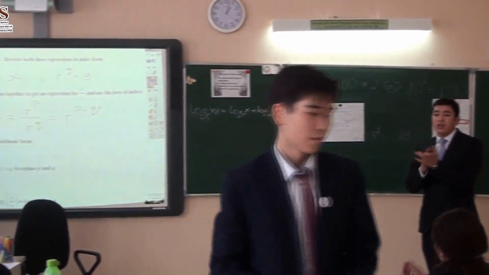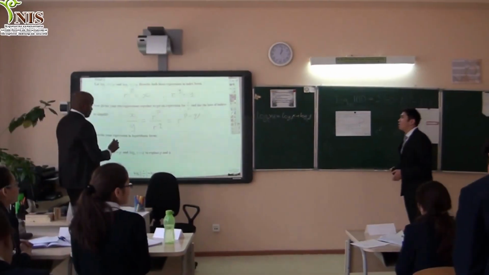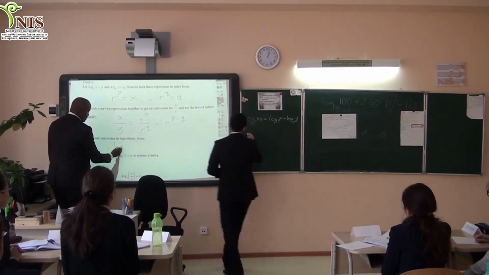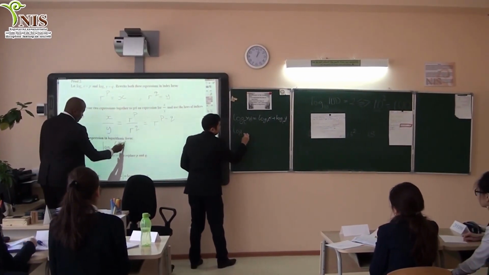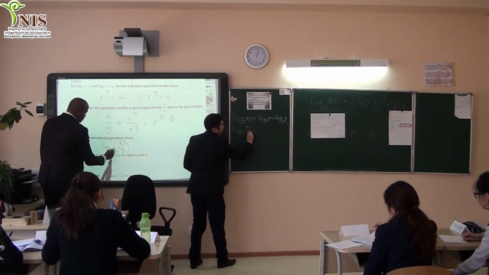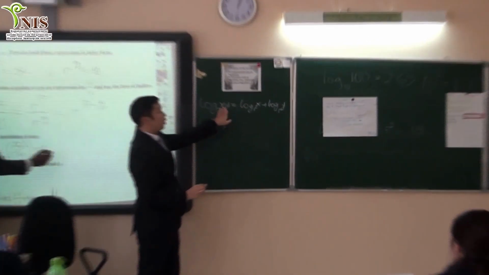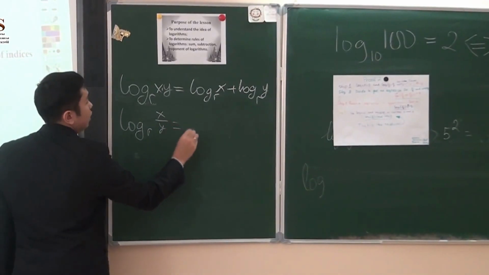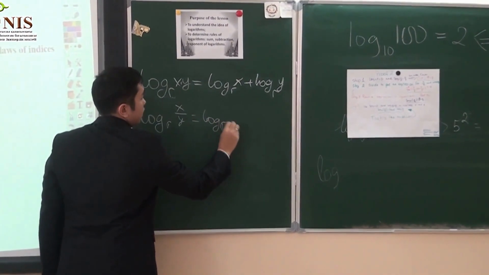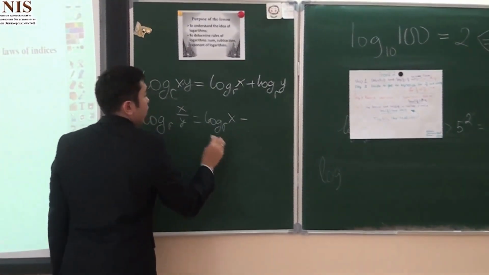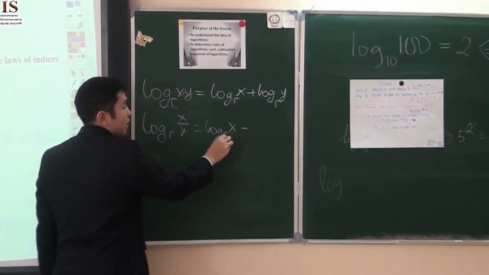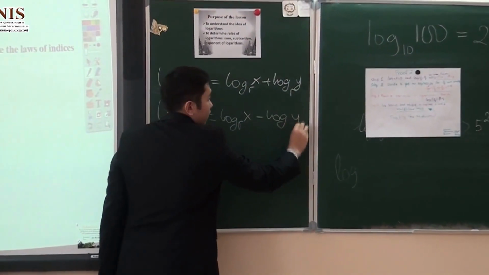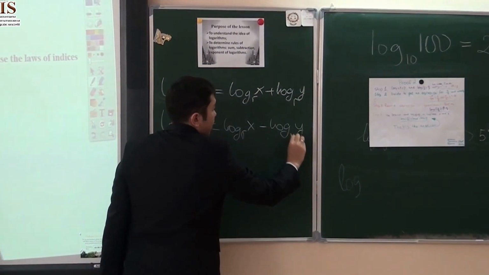Let's clap for Richard and write down the next property that we have proved. It is similar to the first one, but we do not have a product here, but the division x to y, and it is equal to logarithm of x to base r minus logarithm of y to base r.